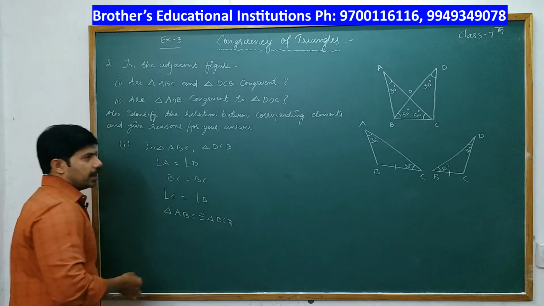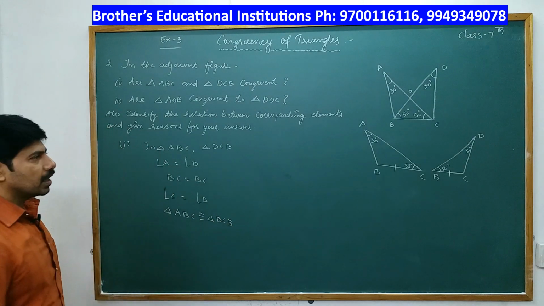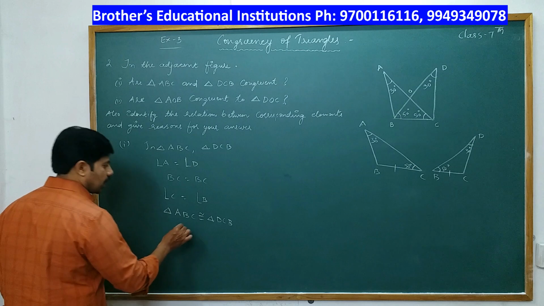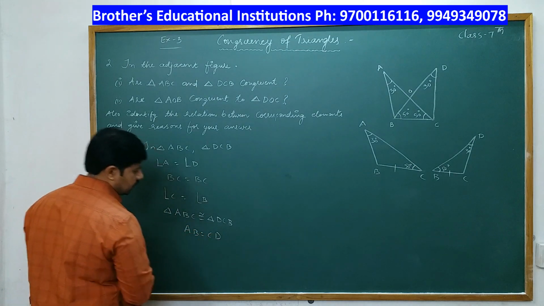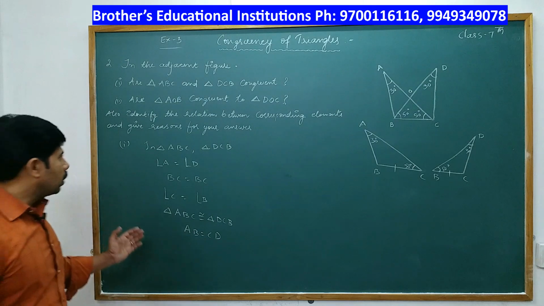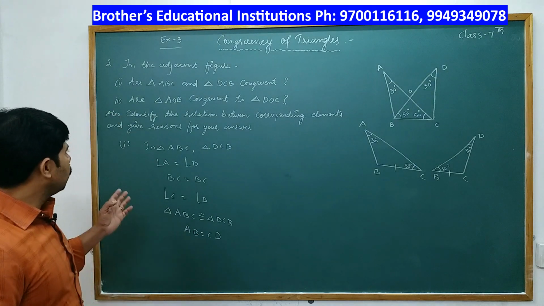As they are congruent, we can write the corresponding parts of the congruent triangle as AB is equal to CD, right? So now the first one we did. Now we'll go to the next one.